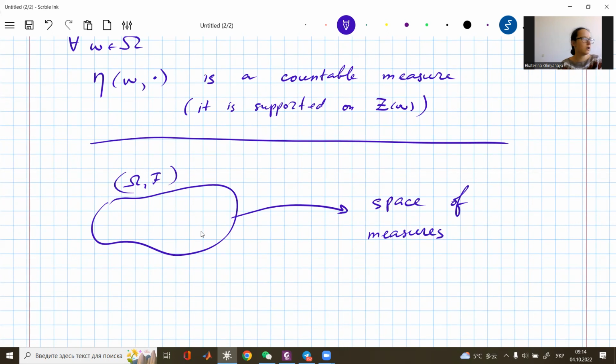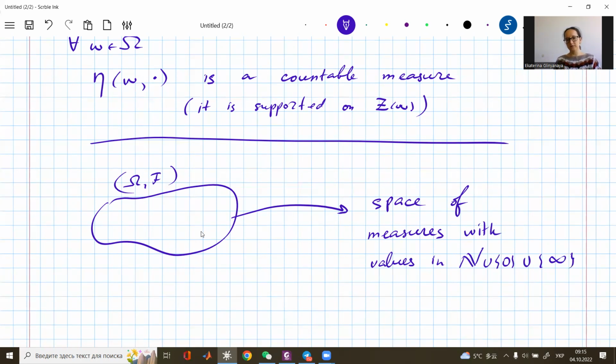And since we have a number of points at most countable, then the measure will have values in natural numbers or zero or infinity. Yes, so we have such measures.